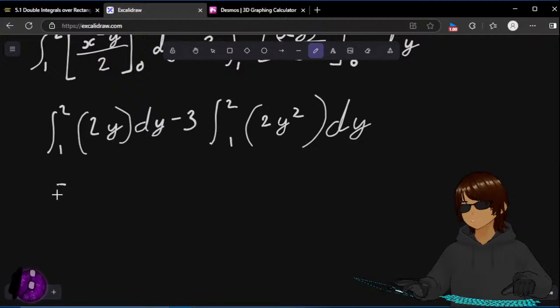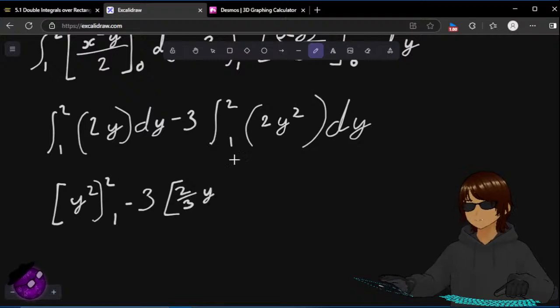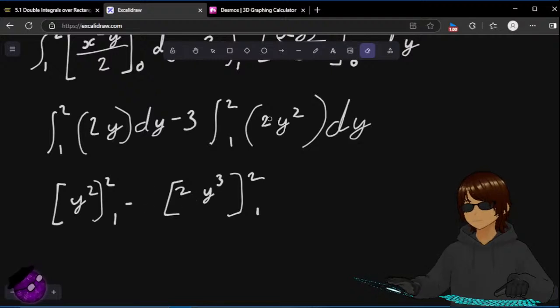Now we integrate this. 2y squared over 2, you're left with y squared. You have 2 over 3 y cubed, from 2 to 1. But the thing is, the 3 will cancel out.